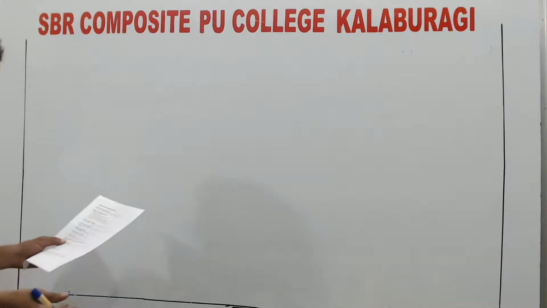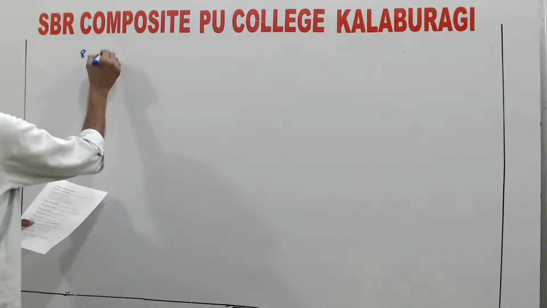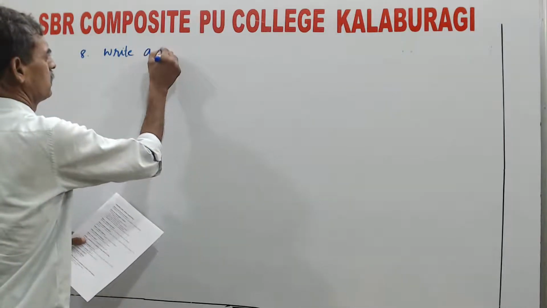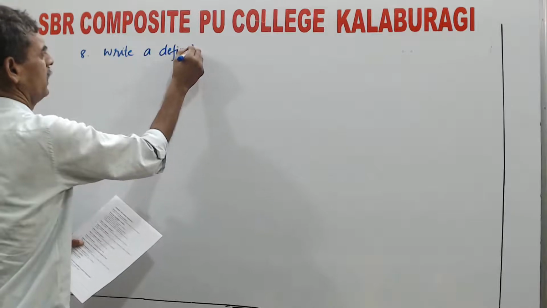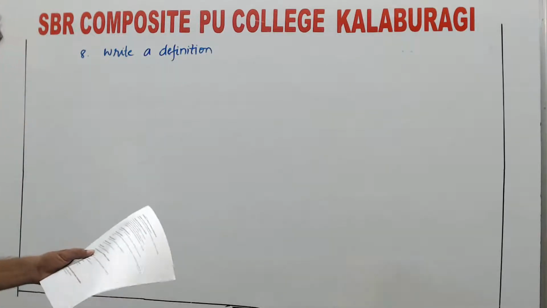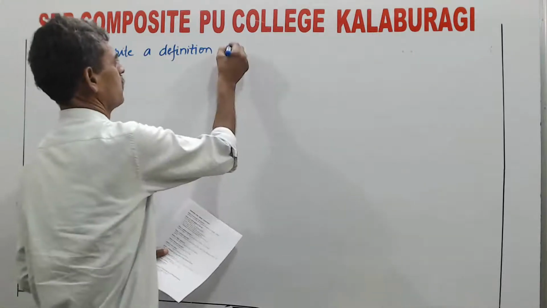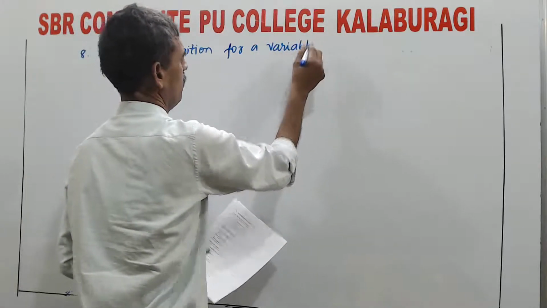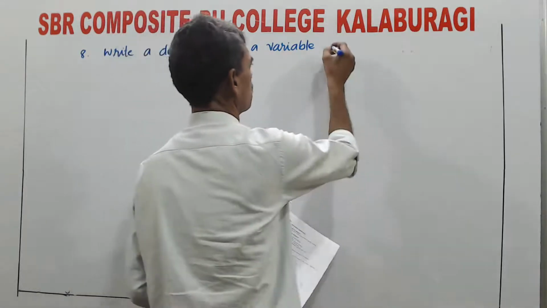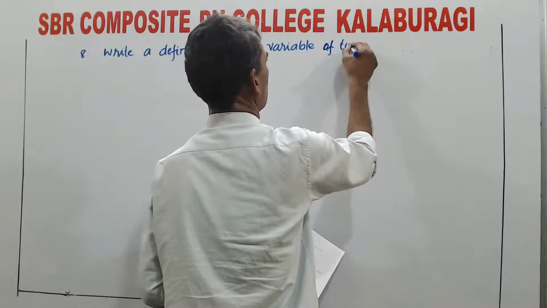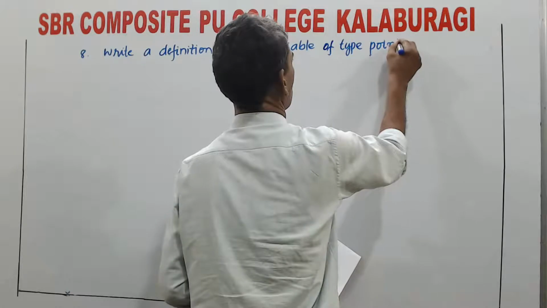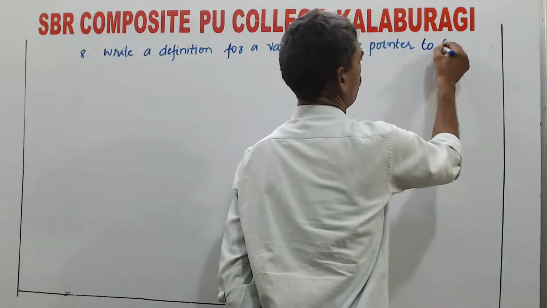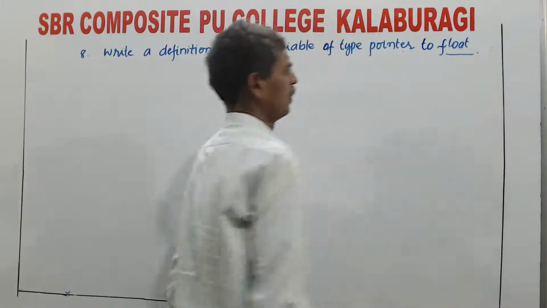Write a definition or define a variable of type pointer to float.